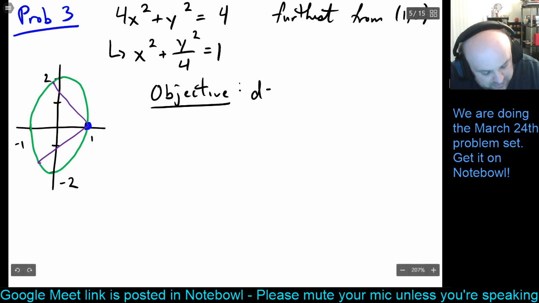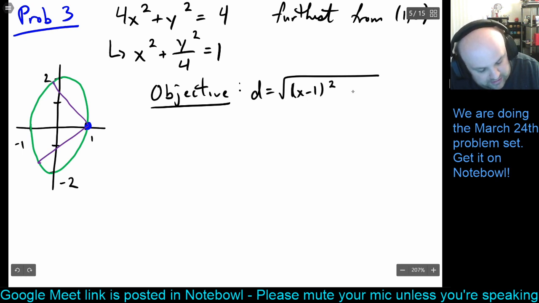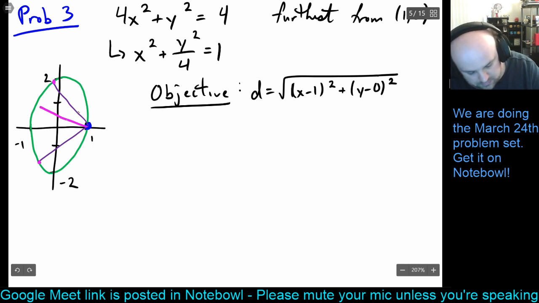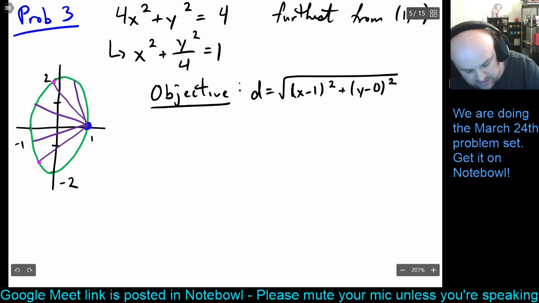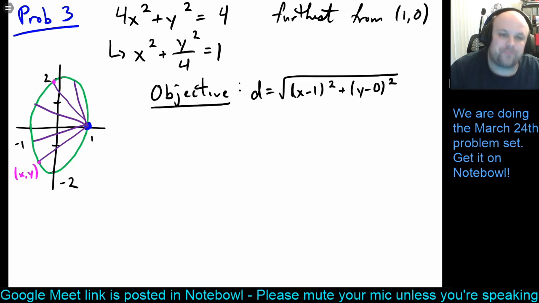So the objective function is the distance from x, y to 1, 0. Whatever these points are, we're just referring to them as some generic point x, y.